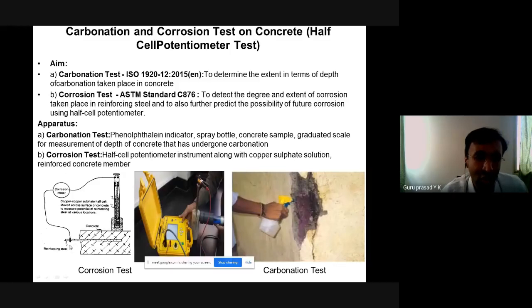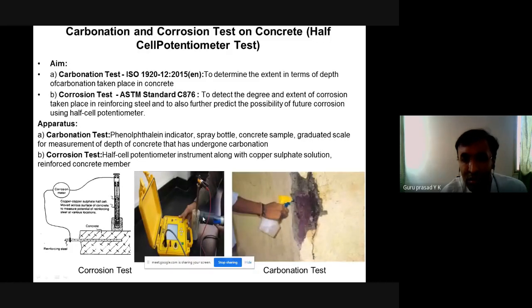One you connect with one polarity to the reinforcing steel, and the other, with the copper sulfate solution and a pad, you keep in contact with the concrete. So you are going to create a dipolarity condition. You see it in this figure here. I'm going to show you the figure which we have done also.